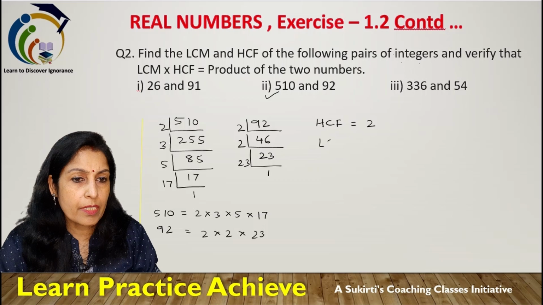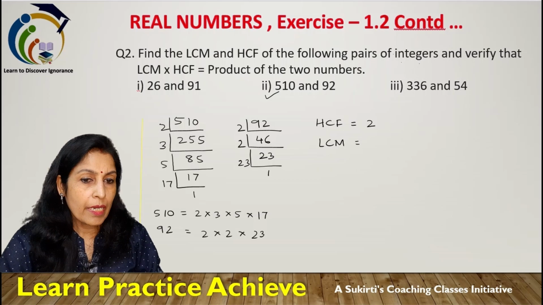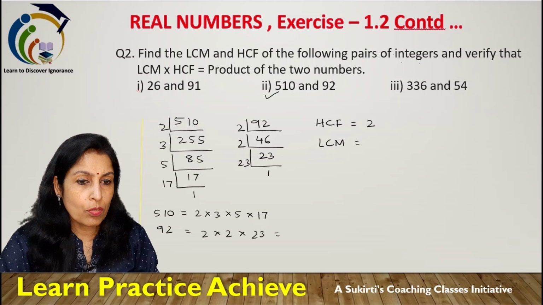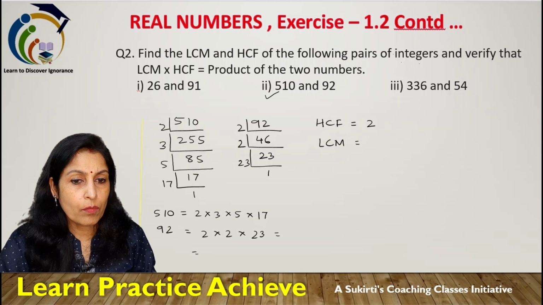And when we find LCM, LCM is equal to the product of the highest powers, which is written in the form of 2 to the power 2 into 23.